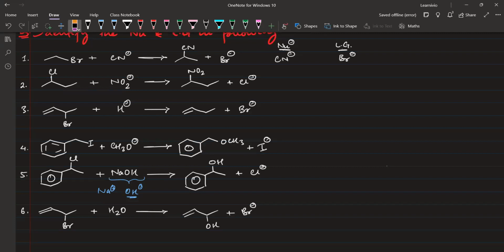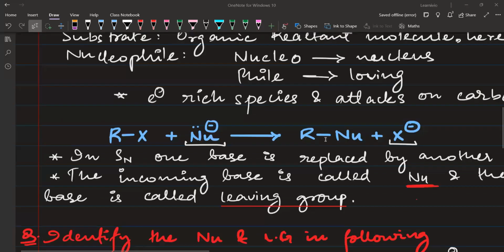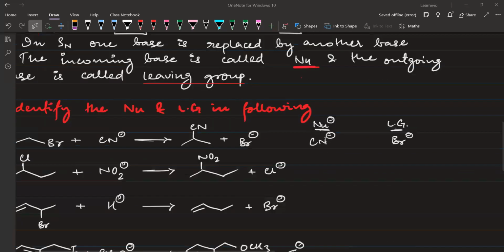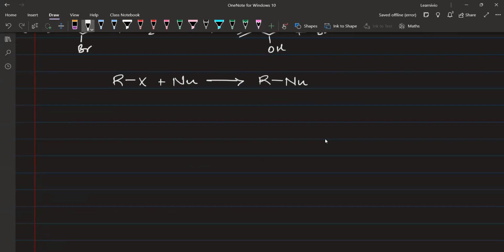Right, next, let us see what is happening in reactions, and then we can talk about their mechanism. If I look at the reaction, generic reaction is RX plus nucleophile is going to give you RNu plus X negative.